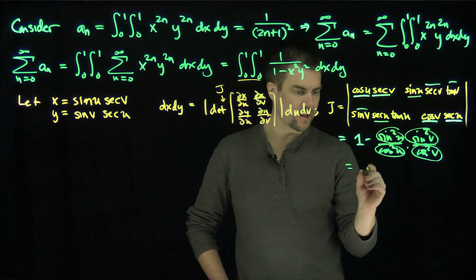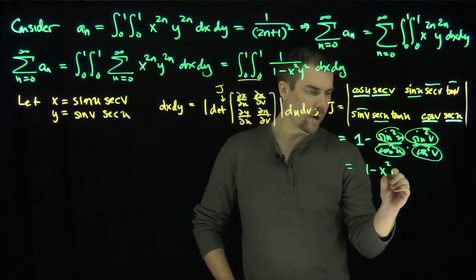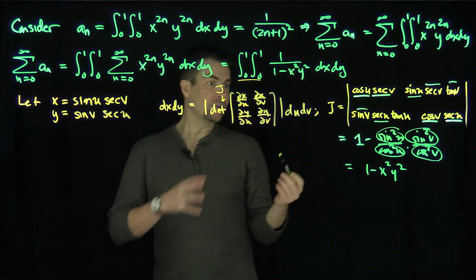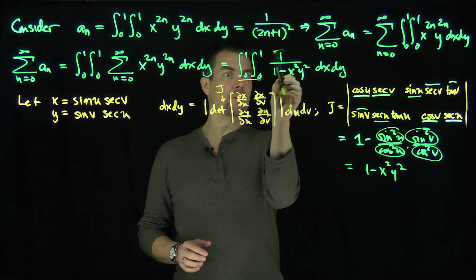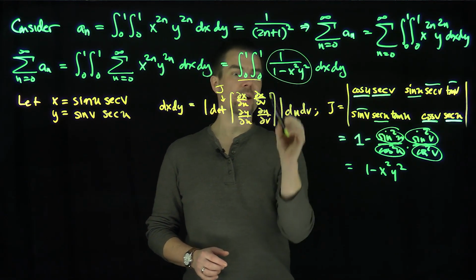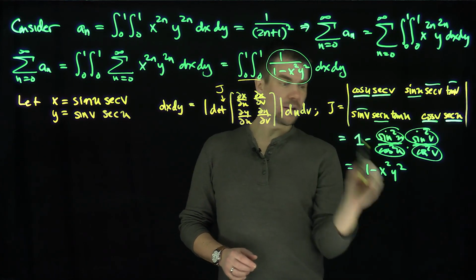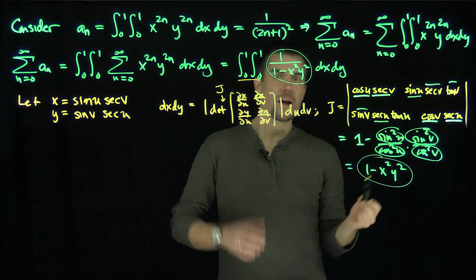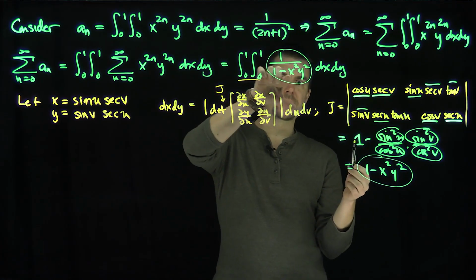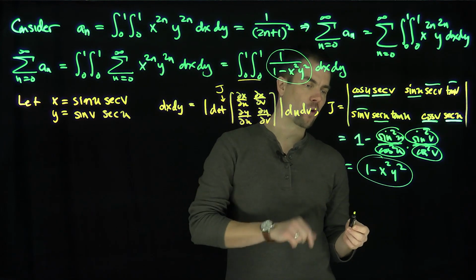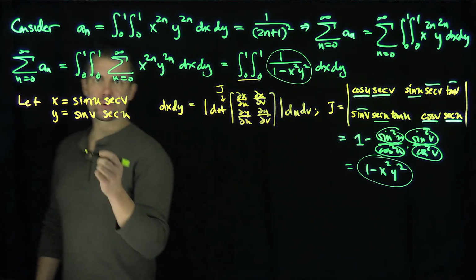So our Jacobian, in this case, is just 1 minus x squared y squared. So I don't even need to put u, v variables in, because when I replace x's and y's with u's and v's, and replace dx dy with du dv times the Jacobian, the 1 over 1 minus x squared y squared will cancel out with the Jacobian term. And so when I change the variables, what will happen?